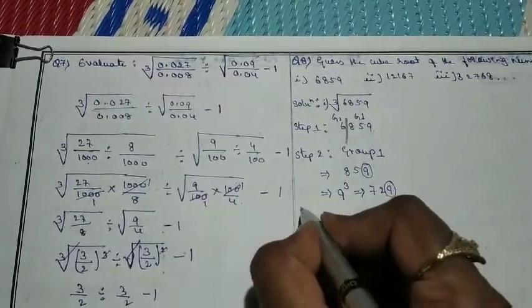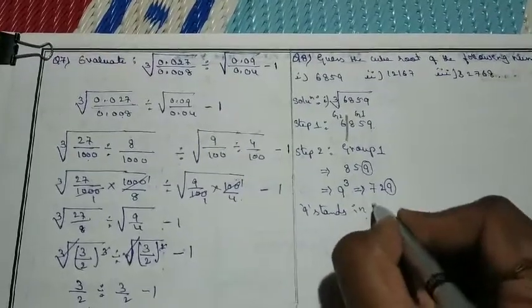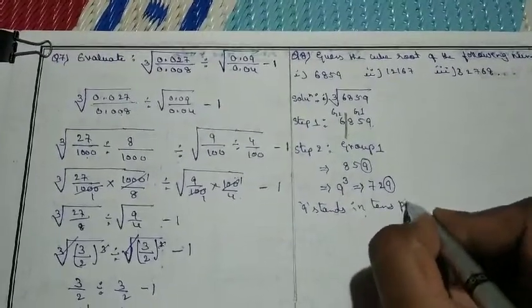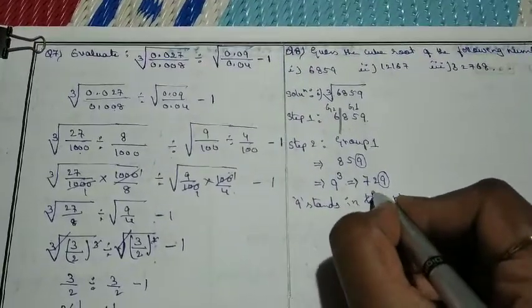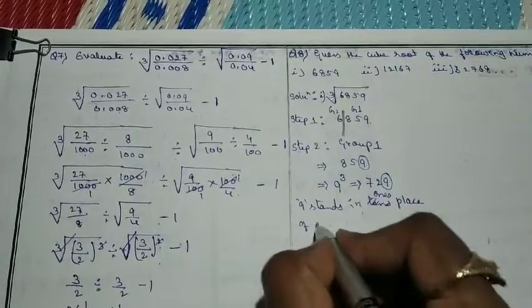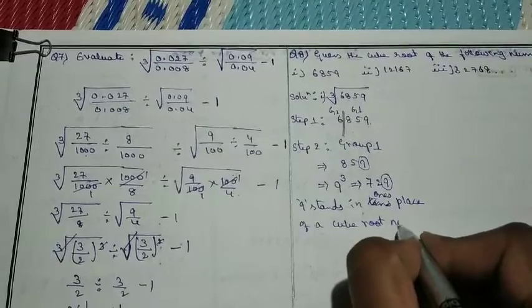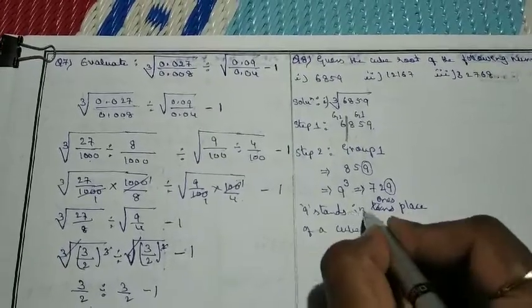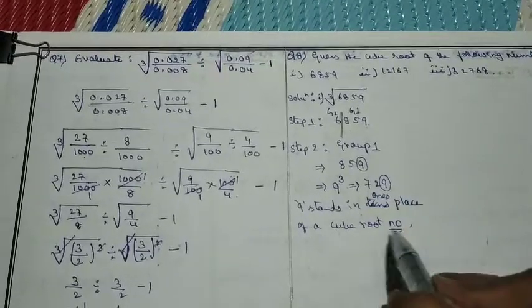So 9 stands in the ones place, not tens, children. Please correct it here, children. 9 stands in the ones place of the cube root number because we are finding with group 1.